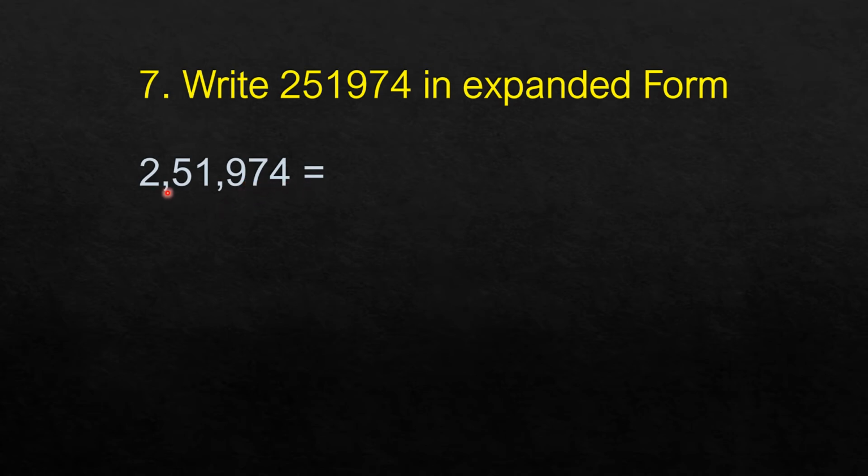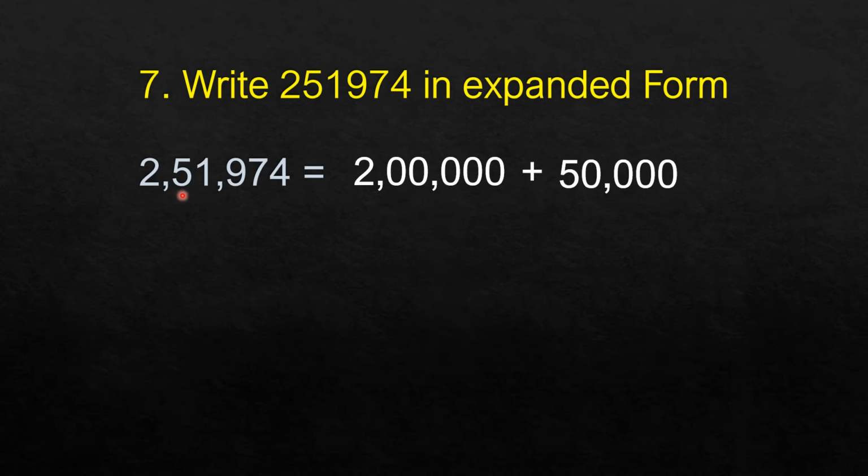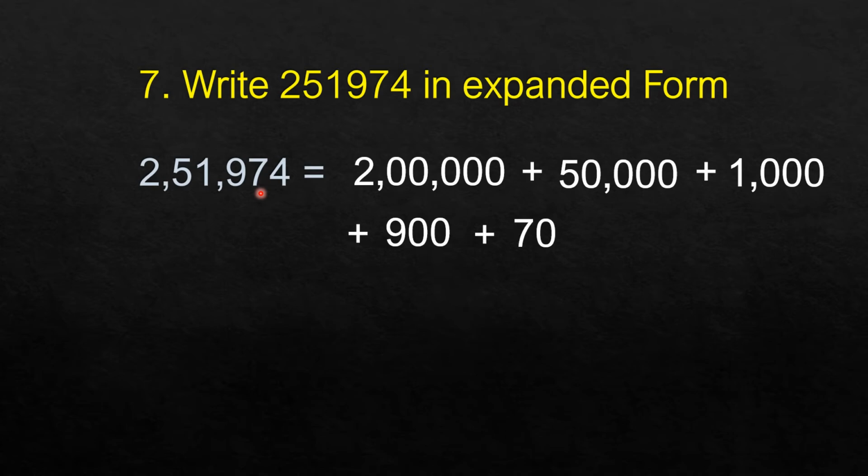So what is the place value of 2? 2 lakh. Plus, then what is the place value of 5? 50,000. Plus, what is the place value of 1? 1,000. Plus, place value of 9 is 900. Plus, place value of 7 is 70. Plus, yes, 4. So, this is in expanded form.